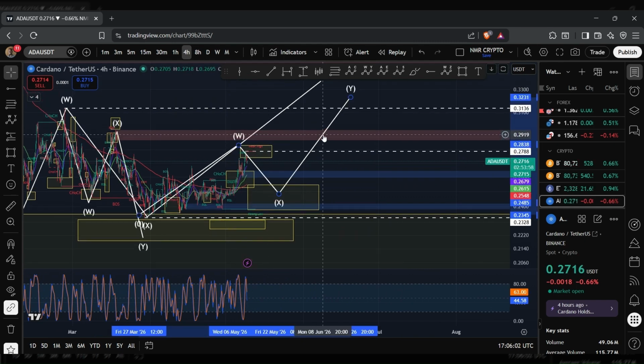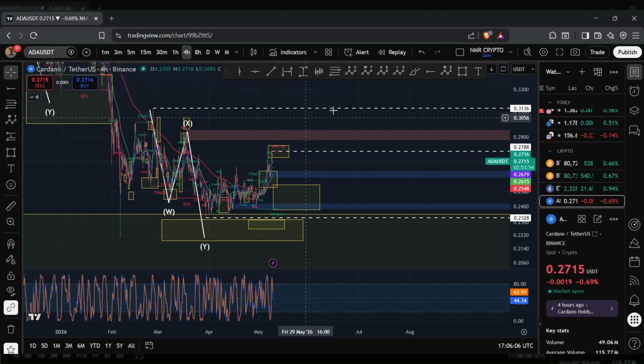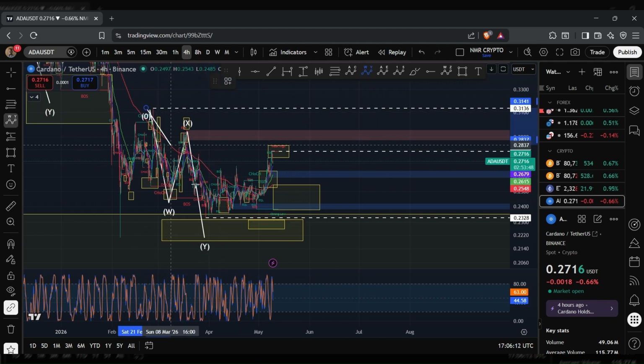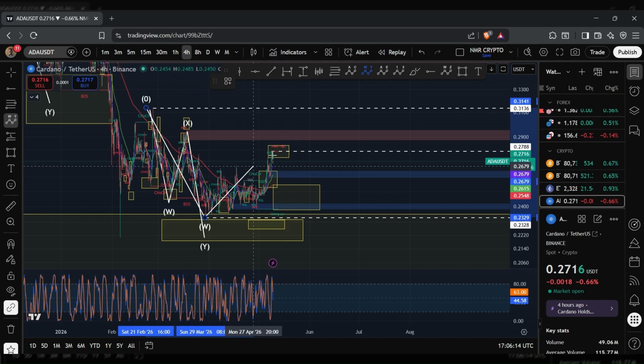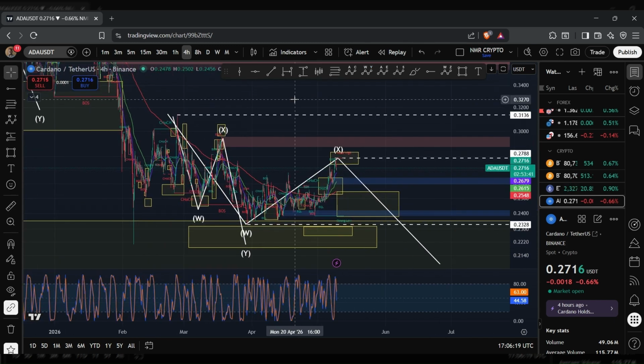And if that's the case, what we could have forming is a deeper correction made up of a bigger double XR structure. So it's possible that this move here formed the double wave, and this recent move to the upside could be the X wave, and then we could see the Y wave play out to the downside.